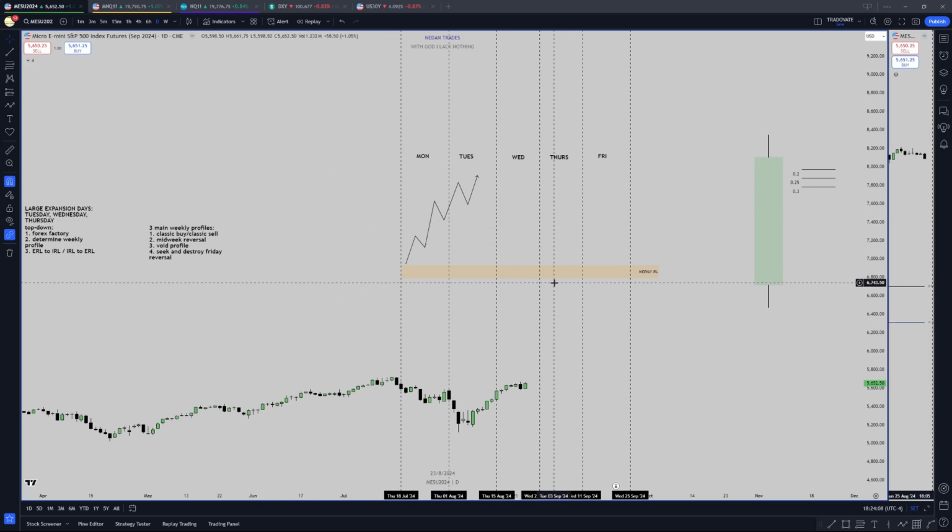But the way I approach these kind of weeks is, I'm very careful on Monday. I just let it print, and then Tuesday I'd expect it to continue higher until a draw is met on either Wednesday or Thursday, so that Thursday can reverse.